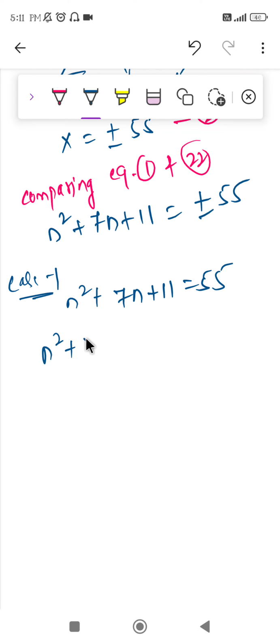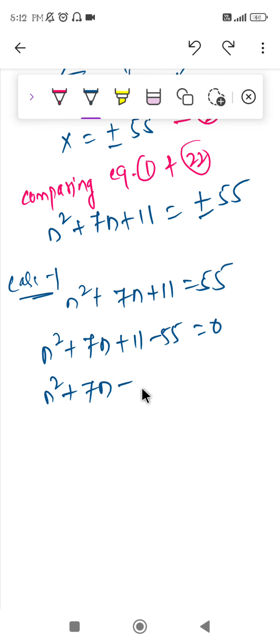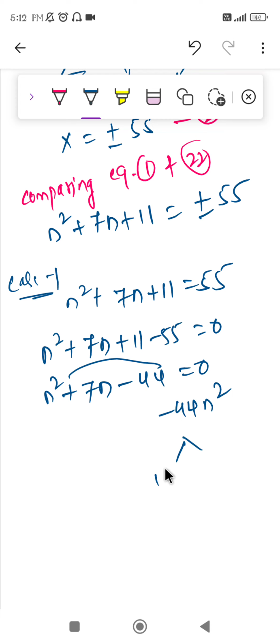So n square plus 7n plus 11 minus 55 is equal to 0, and further if we solve, n square plus 7n minus 44 is equal to 0. For this minus 44 n square, we can split as 11n minus 4n, since 11 into 4 is 44 and if we add these two, then we'll be having 7n.